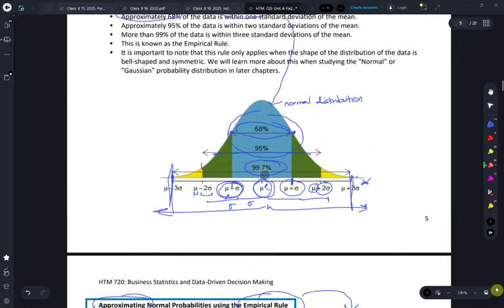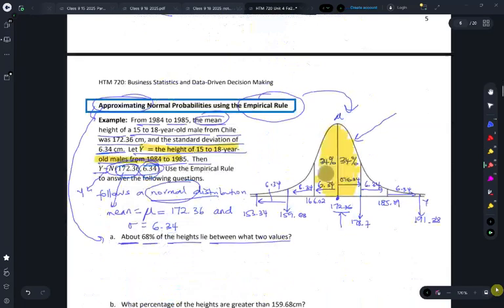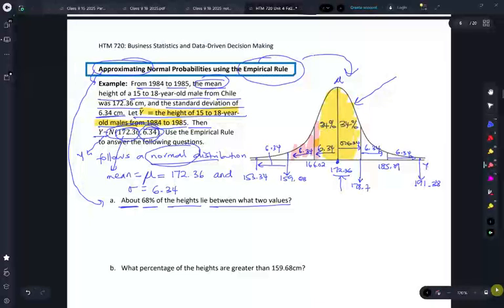Then, according to what we learned, 95% lies within two standard deviations of the mean. And lastly, approximately 99.7% lies within three standard deviations of the mean.